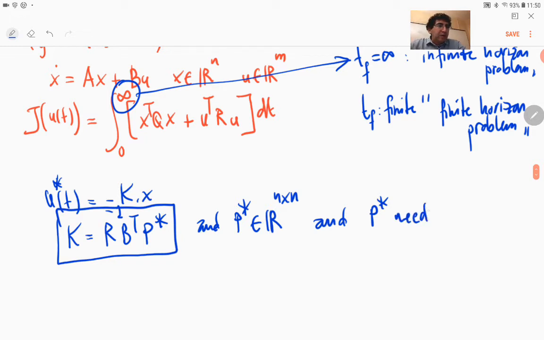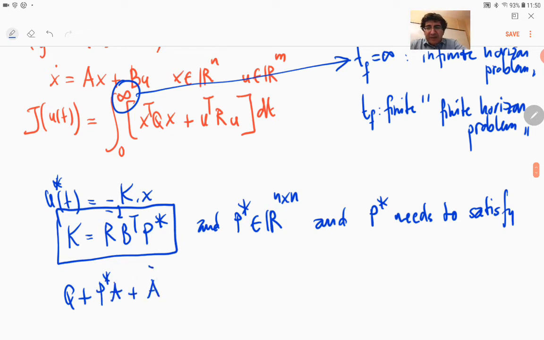Okay, and it needs to satisfy the algebraic Riccati equation in matrix form. So P star needs to satisfy, that means it's the solution of Q plus P star A plus A transpose P star minus P star B R to the power minus 1 B transpose P star equals 0.